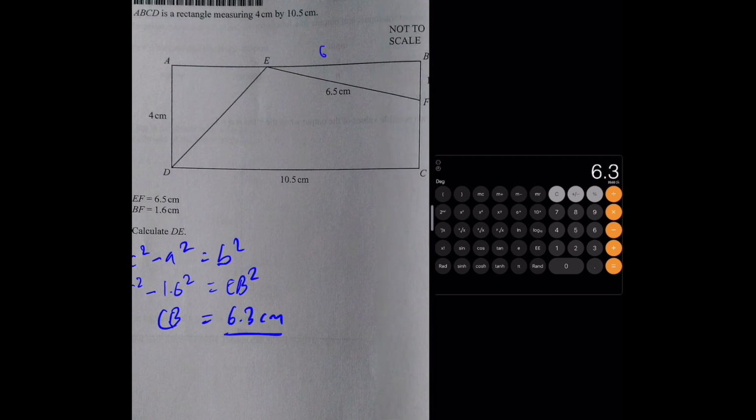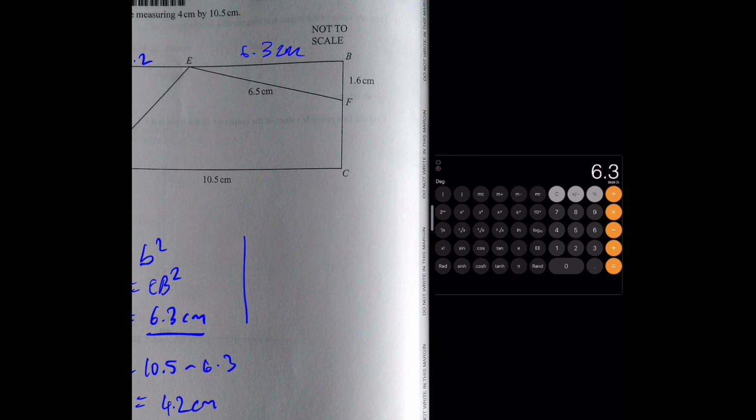Now we know the EB, not CB. Well, I'll just rewrite that. Okay, EB is 6.3 centimeters. And now AE is equal to the length of the rectangle 10.5 minus 6.3, which is equal to 4.2 centimeters. This length. Now DE will be the C squared in Pythagoras theorem. So A squared plus B squared equals C squared.